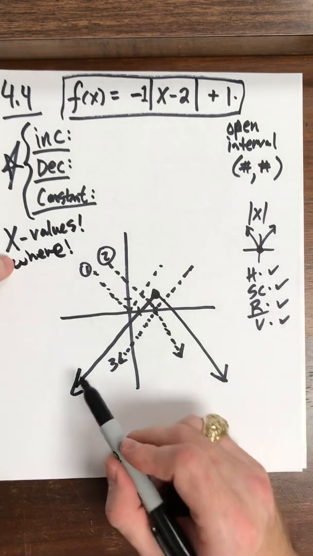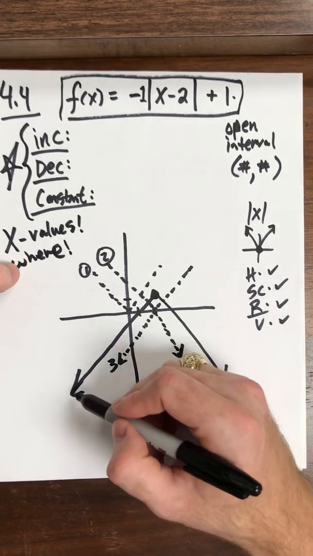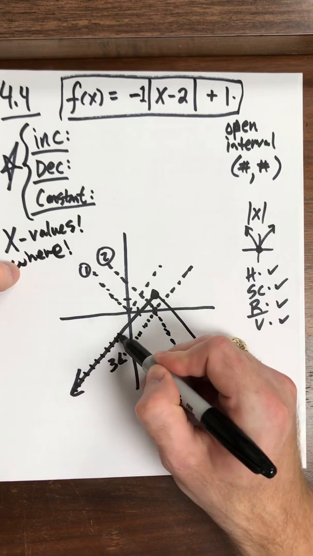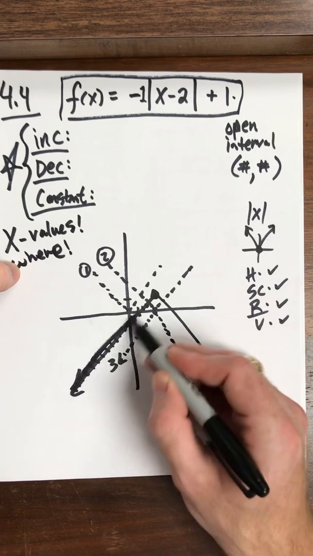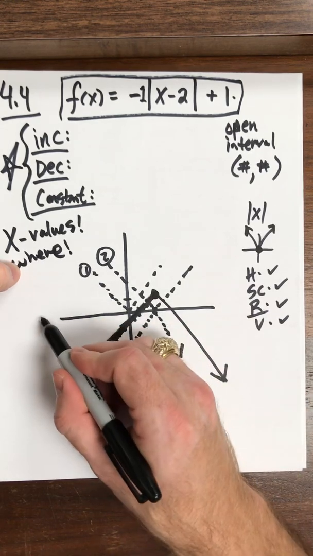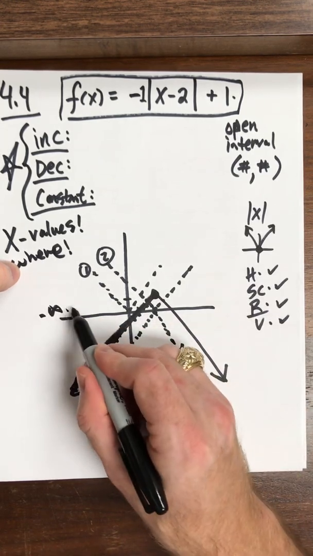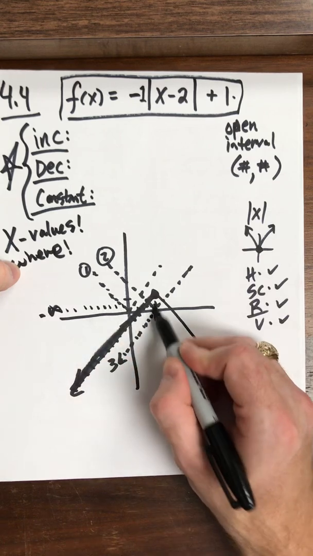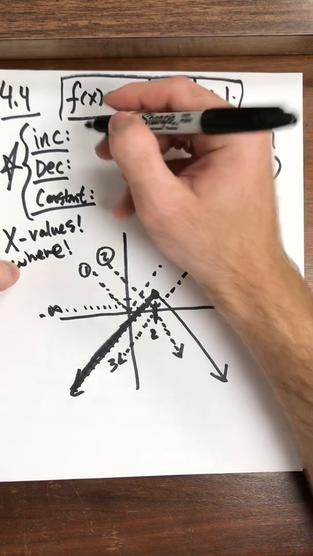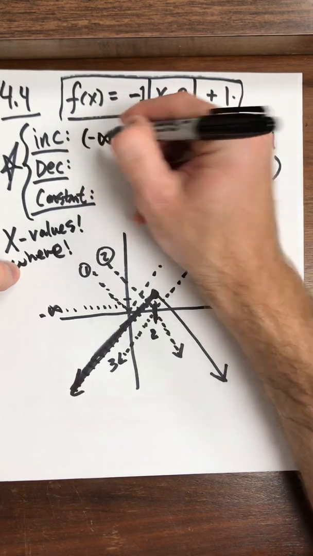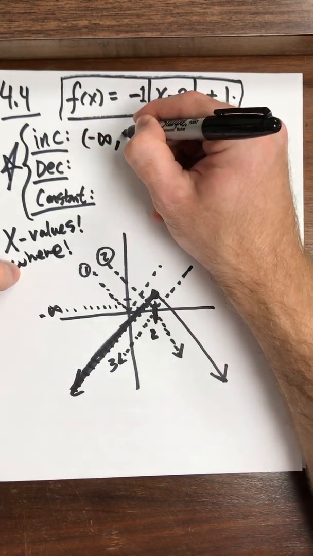So when I look at my x values for where it's increasing, where am I going uphill? When I read left to right, okay? So I'm going up, where? What values? From negative infinity all the way up to, what is this cutoff point? It's a 2. So I go from negative infinity to 2.